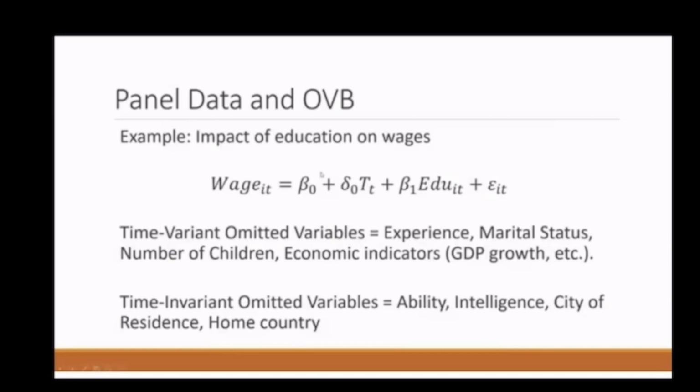What about going to school? You are just acquiring knowledge. Knowledge does not mean you are intelligent. Somebody that did not go to school could be more intelligent. Does that make sense? So knowledge could vary over time, but intelligence doesn't vary over time. Then what about the city of residence? What about home country? Just giving you the idea of that.